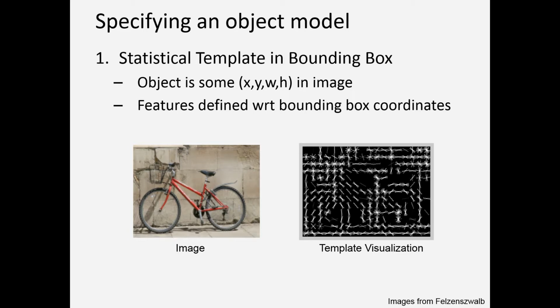Last time when we talked about Viola Jones, it was using simple filters, right? You can think of filters as some kind of statistical, not exactly template, but template would be a pretty widely used approach.